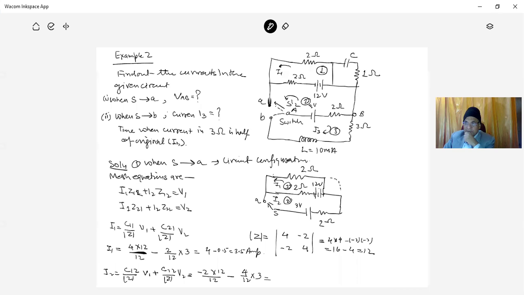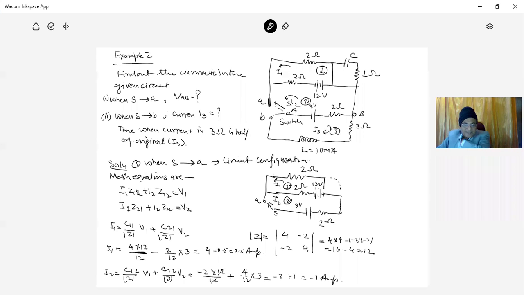So this 12, 12 cancel, it is minus 2, and this is plus 1. The 4 is cancelled, this is minus 1 ampere. This is minus 1 ampere.